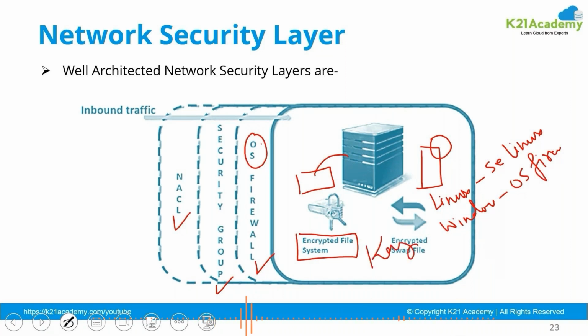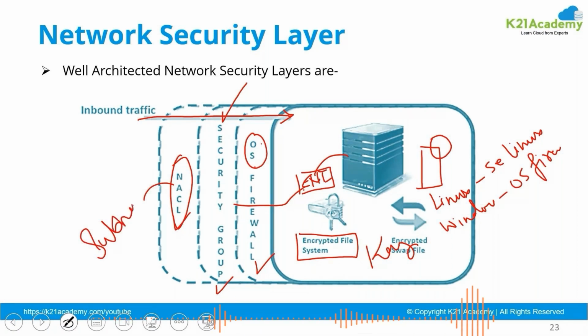After this security, you have another layer of security called security group. Every EC2 instance has an ENI, Elastic Network Interface, which is in turn associated with a security group. Whatever the incoming traffic is, it is first filtered by NACL, which is basically subnet level security.